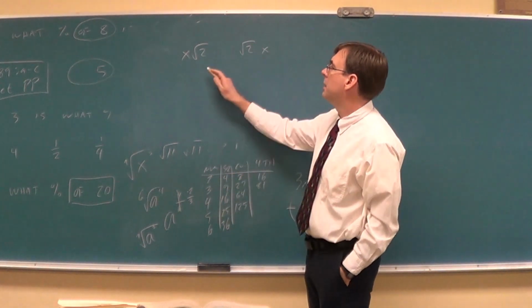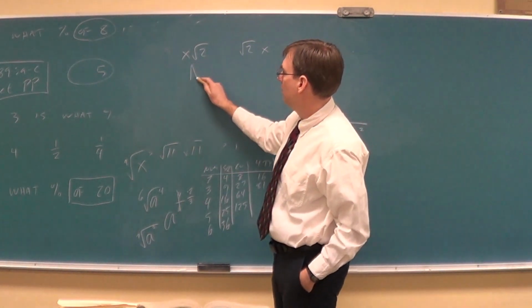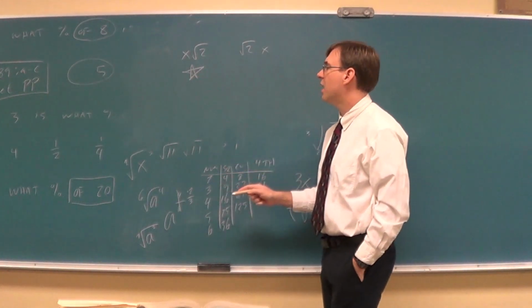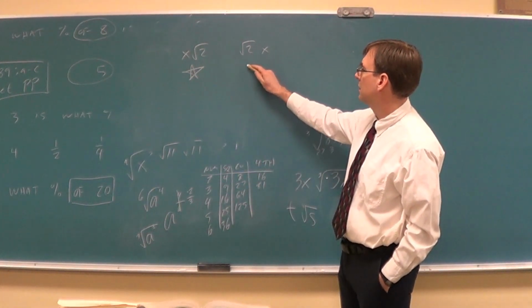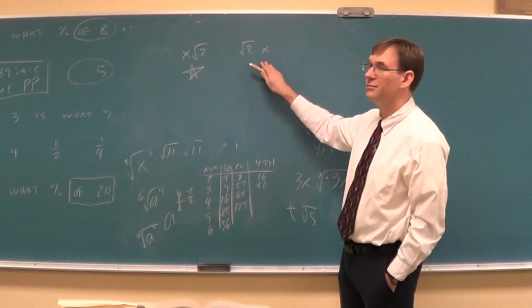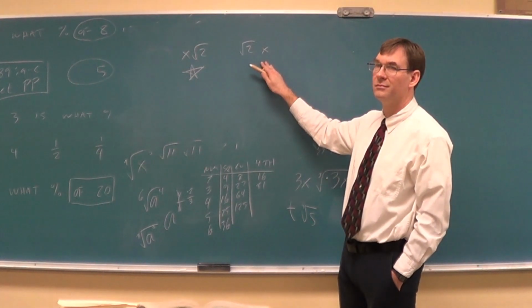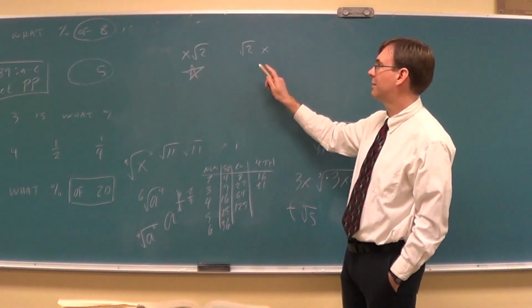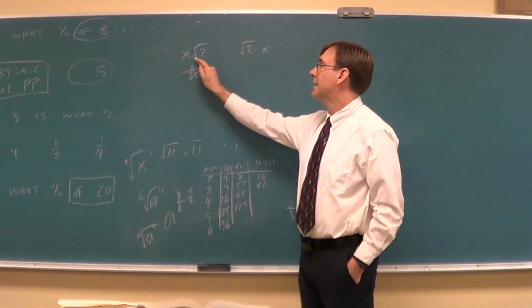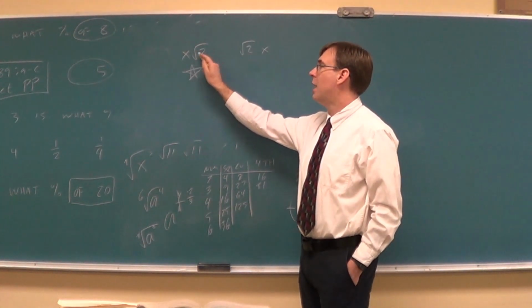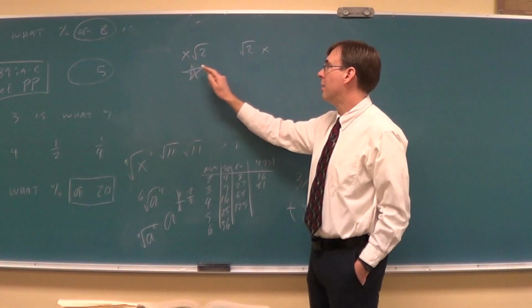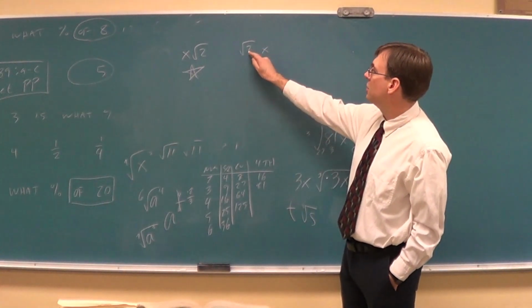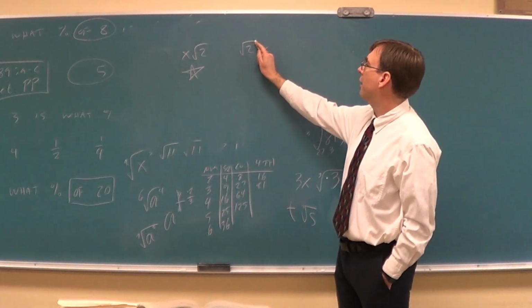Can anybody tell me why you think math community prefers this to this? That one looks like it would be messy. Correct. It's like root 2x. This is definitely a 2 under and an x not under.